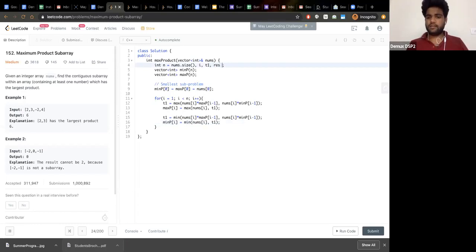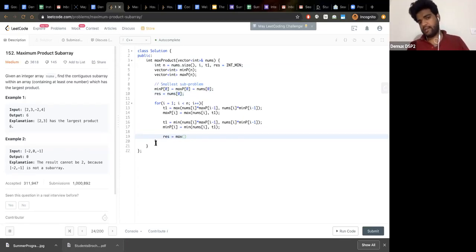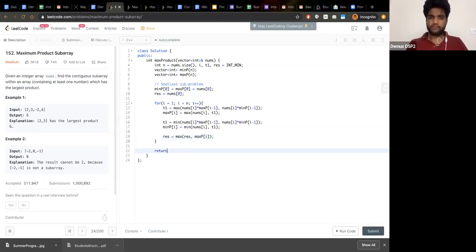Right? And your result you could start with 0, or you could start with int min because it contains at least one number. You could just initialize it with 0. This is just the running result. You could do it in a second pass also. It is the same. And you could return the result from here.